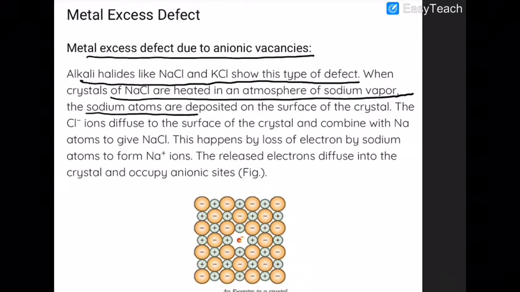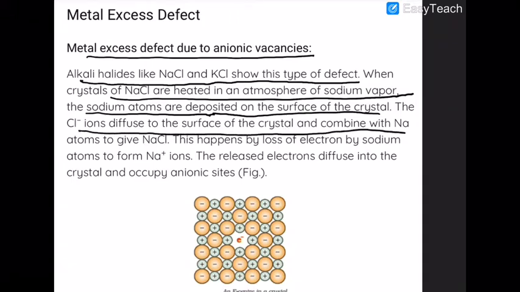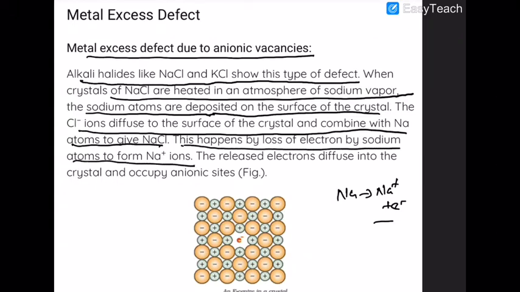Atoms of sodium deposit on the surface, and chloride ions diffuse to the surface and combine with Na atoms. Sodium loses one electron to form Na+. The released electron diffuses into the crystal and occupies an anionic site.